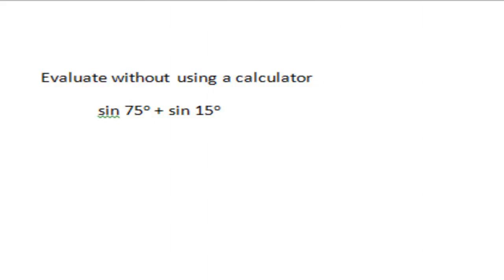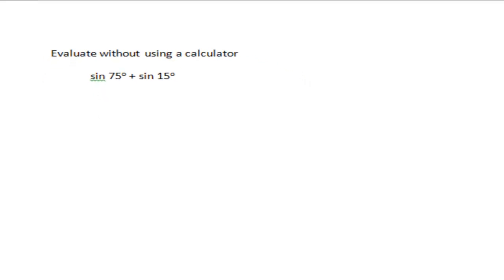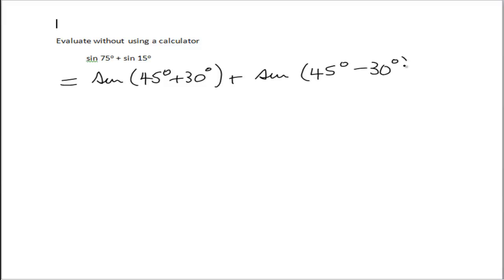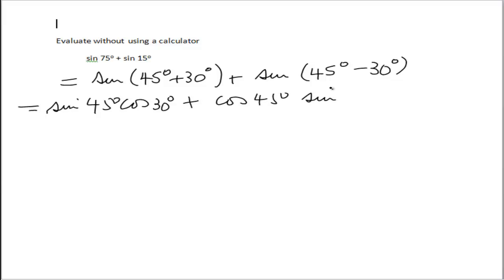Right, this problem here is 4.6 and it is on page 40, and once again it is similar to the cosine one, except here you've got the addition. So it is sine of 45 plus 30 plus sine of 45 minus 30 degrees, and that gives you sine 45 cos 30 plus cos 45 sine 30.